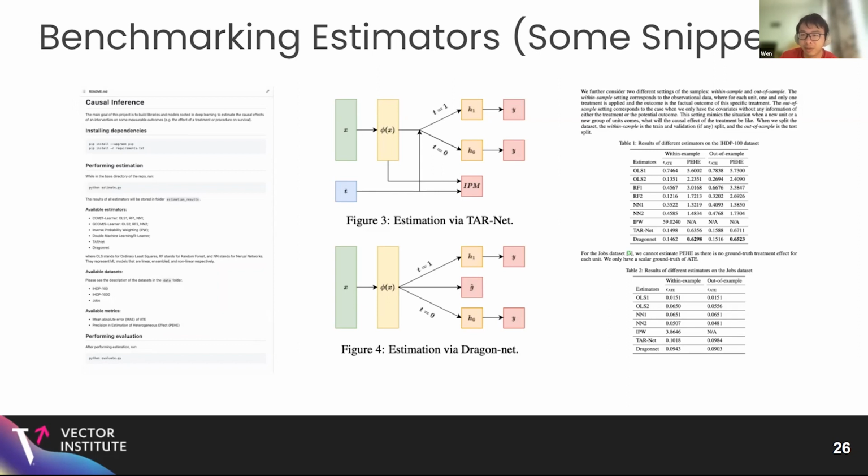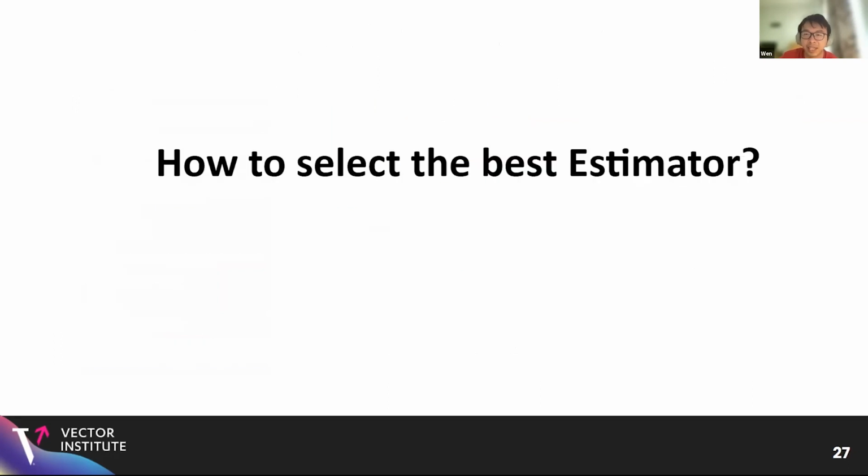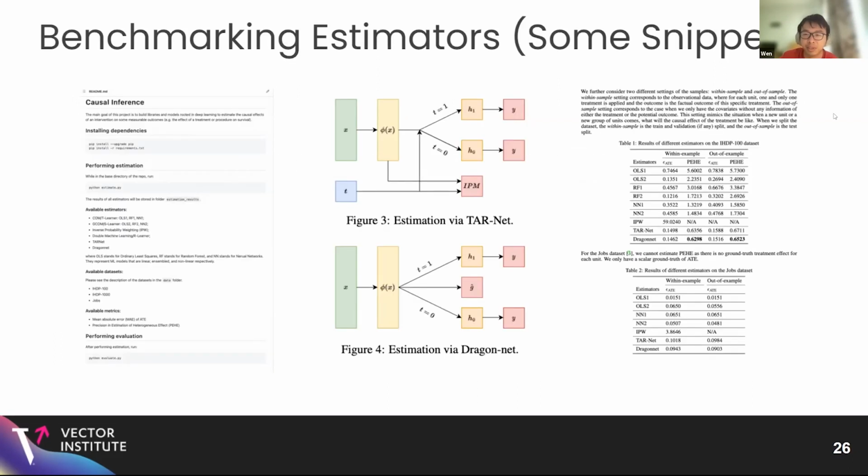And the third figure is some results from our benchmarks. And then I will switch the stage back to George to talk about our current ongoing work.